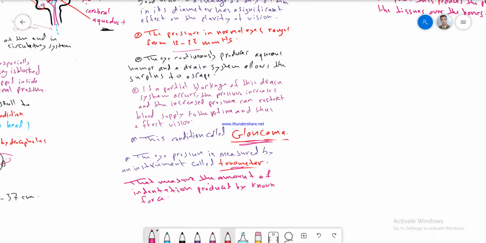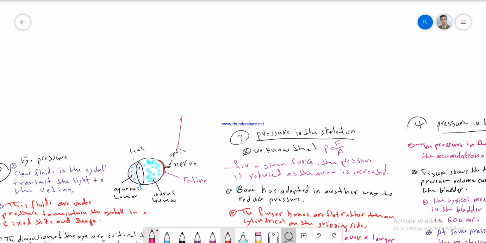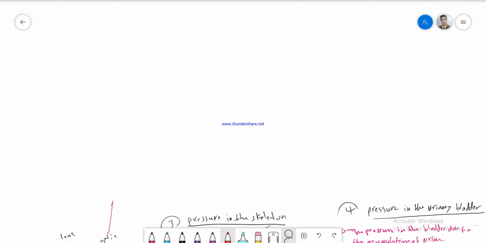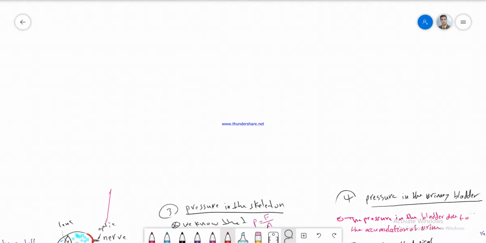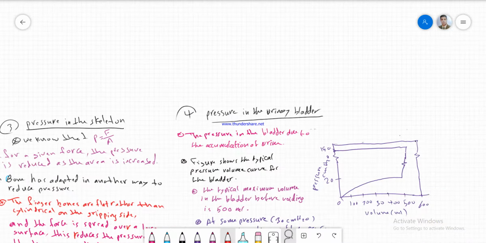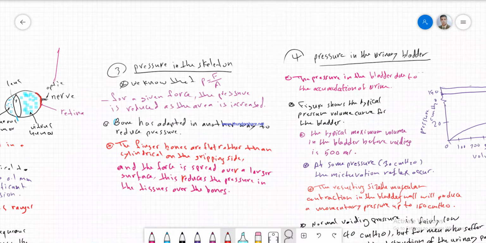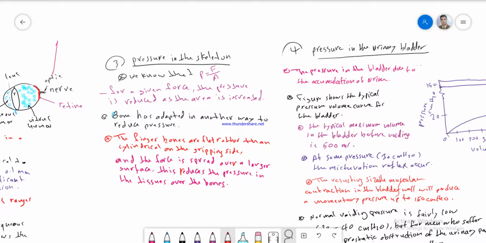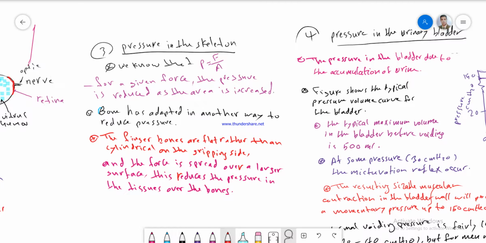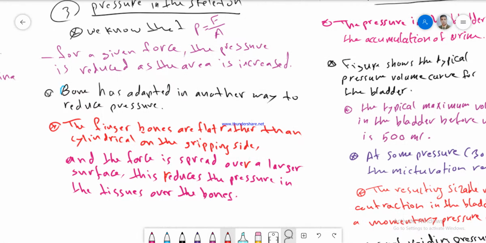The third pressure we study here is the pressure in the skeleton. As we know, pressure equals force per unit area.